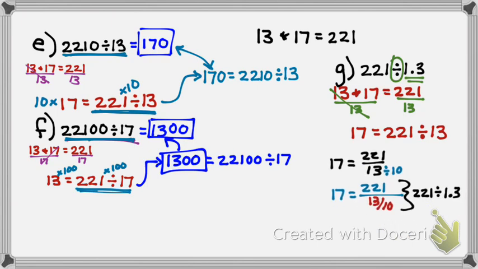Yeah, it's the same as multiplying by the reciprocal. So this is 221 times 10 over 13, which means I'm really multiplying by what?